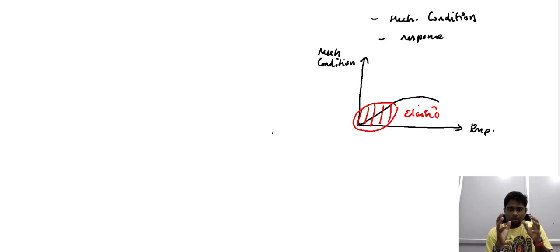We have been discussing this plot of mechanical condition and material response for at least three lectures now. We have considered a macroscopic view of it, and a microscopic, or rather atomistic, view of it.